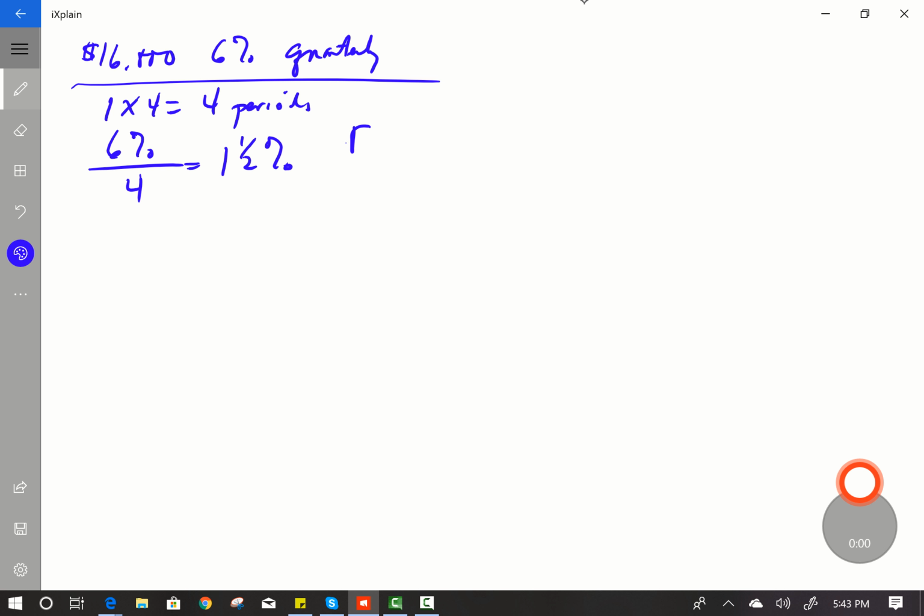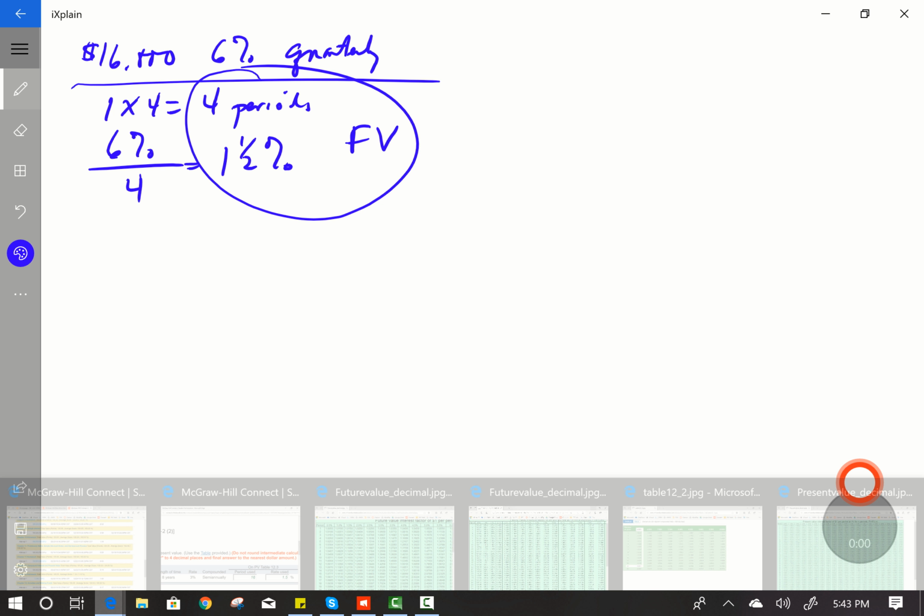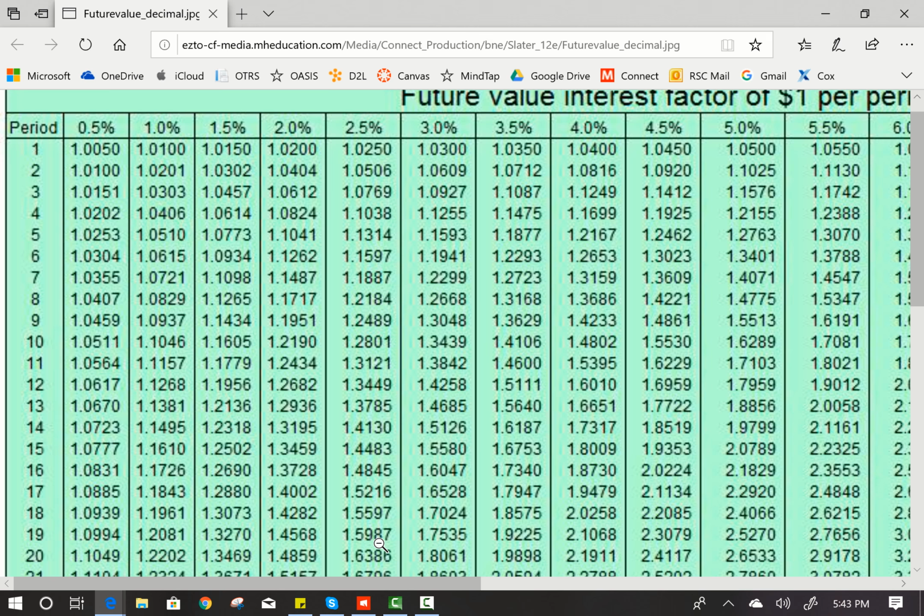Okay, I'm going to use a future value table and find the corresponding factor of 4 periods and 1.5%. Okay, 4 and 1.5% is 1.0614.